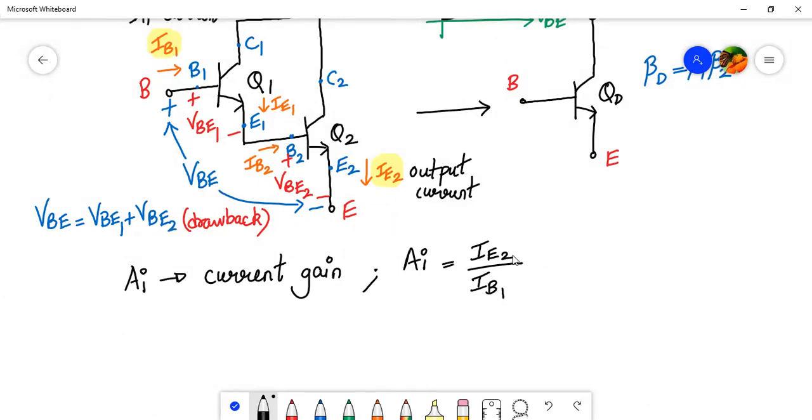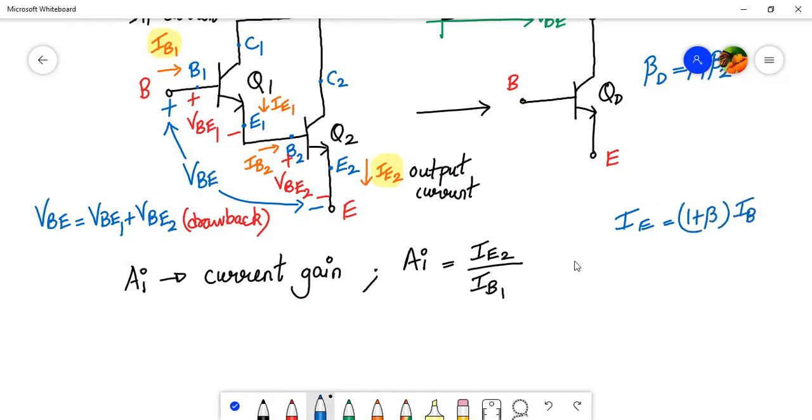All right. Now IE2, I can write in terms of IB, right? How can I write it? IE is nothing but 1 plus beta times IB.